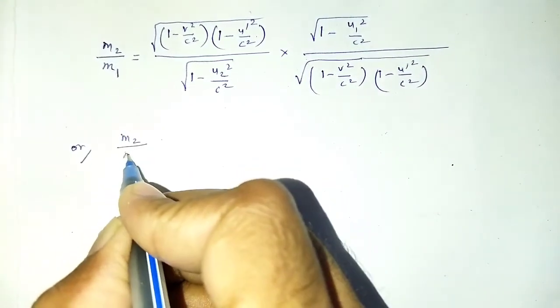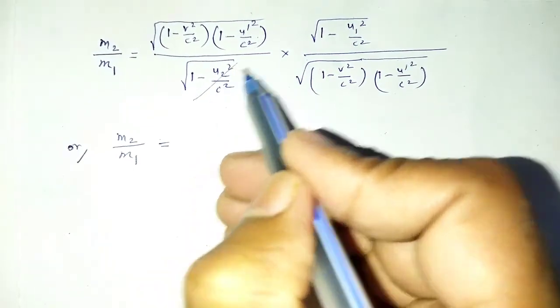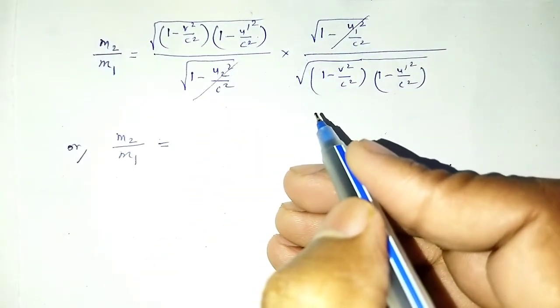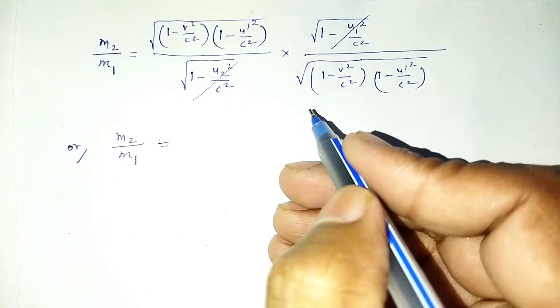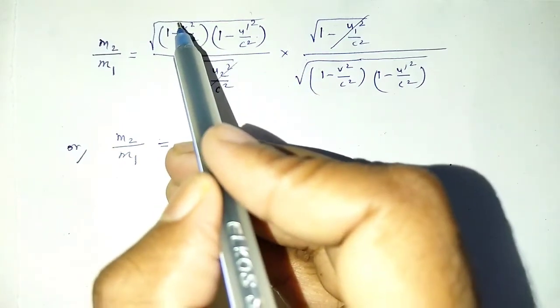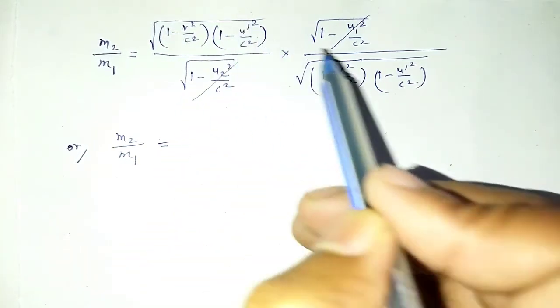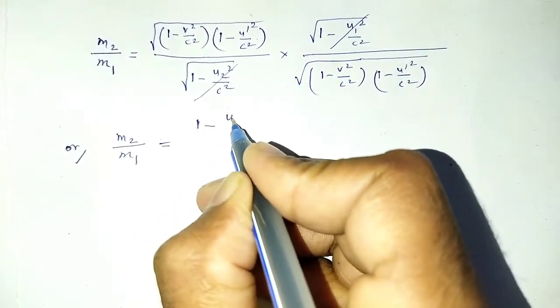That is, m2 by m1 will be, this term cancels out, one term, this term cancels out, only that term exists.